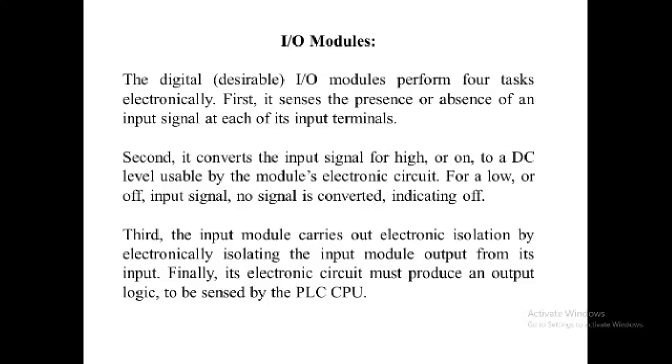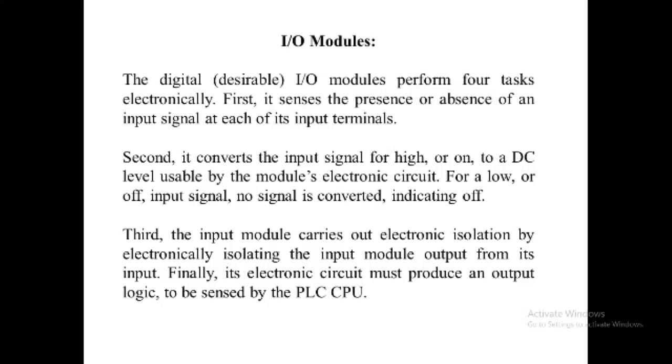Second, it converts the input signal for a high or on to a DC level, and for a low or off input signal, no signal is converted, indicating off. It means that the high signal indicates on and the low signal indicates off.